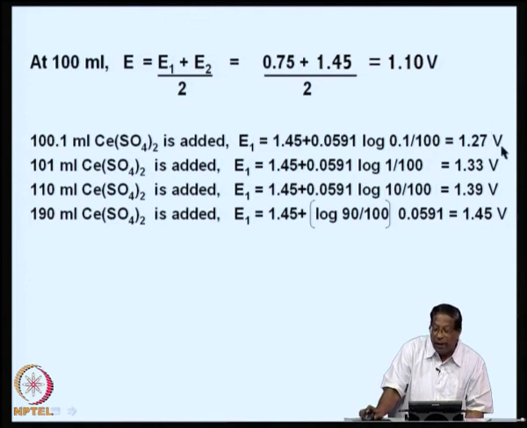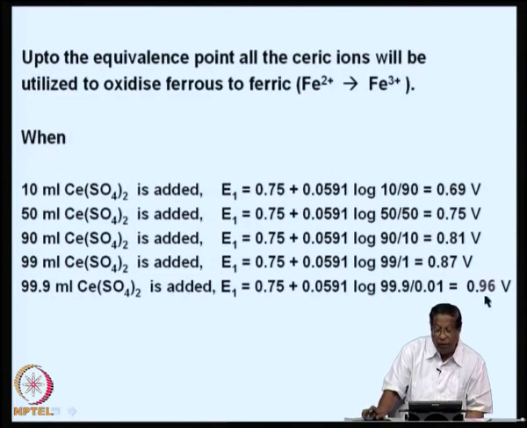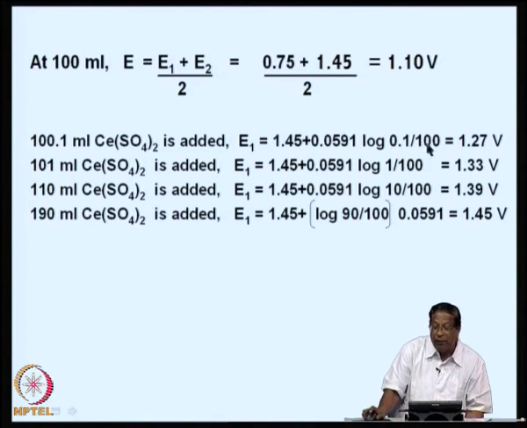Now, on the right side again it is assuming a very standard format, except at the equivalence point. From 0.69 it jumps to 1.1 and then it jumps to 1.27, a big jump.